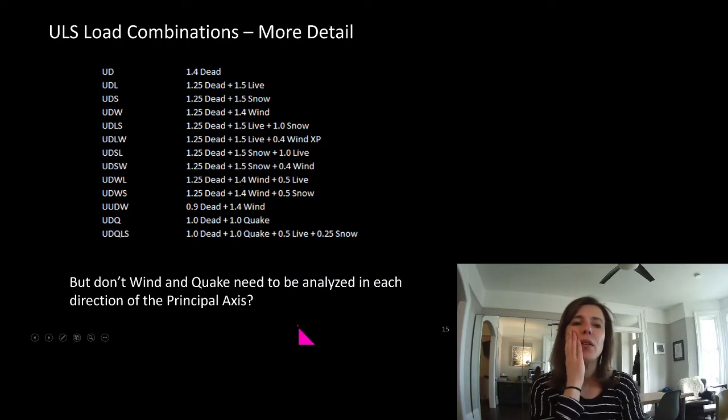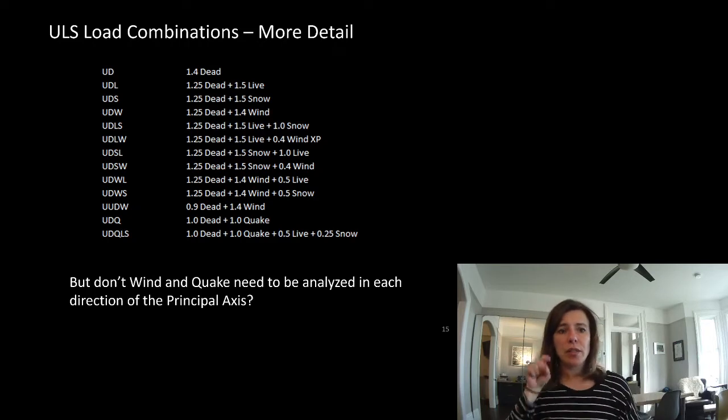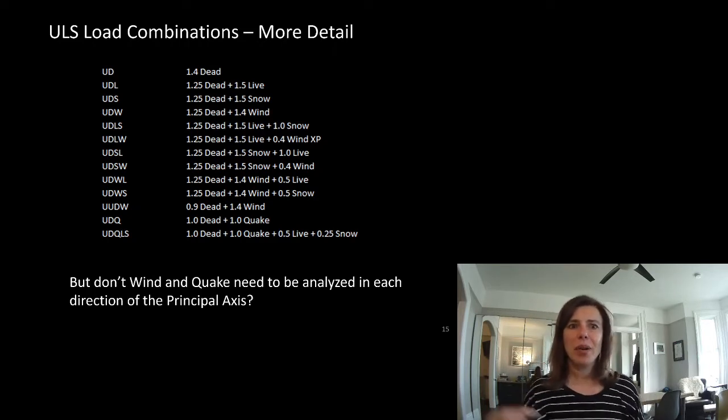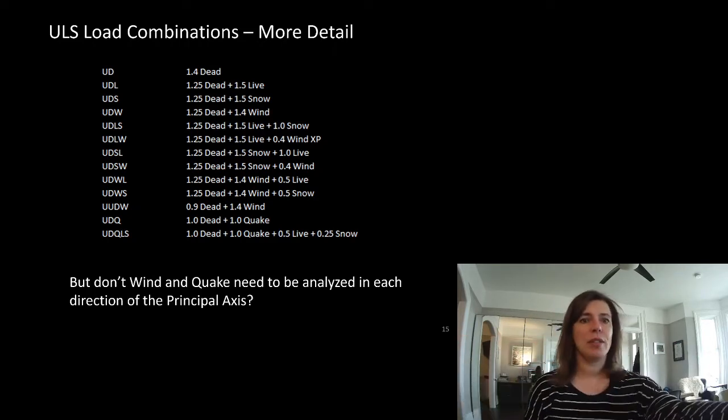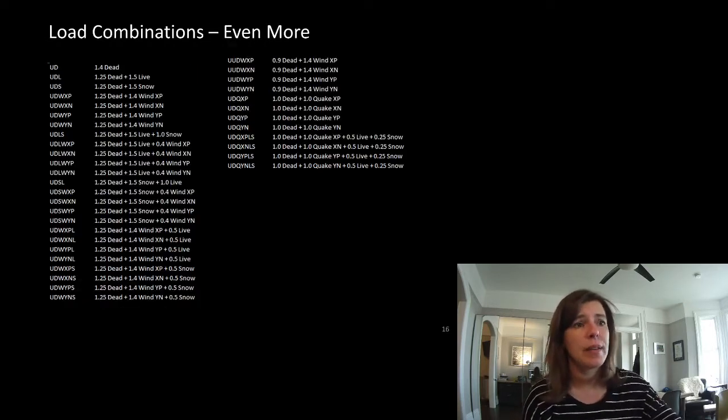But wind and earthquake need to be analyzed in each direction of the principal axes. So you guys remember we had our building, wind could blow in that direction, and it could blow in that direction, but it could also blow in that direction, and it could blow in that direction. So that's 4 directions of principal axes of wind, and 4 directions for principal axes of earthquake.